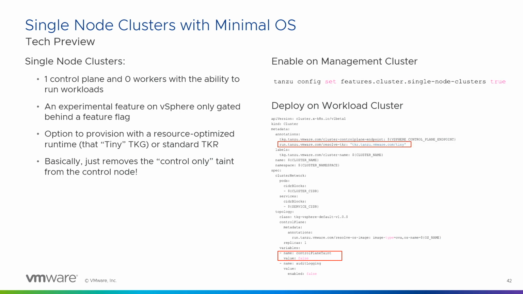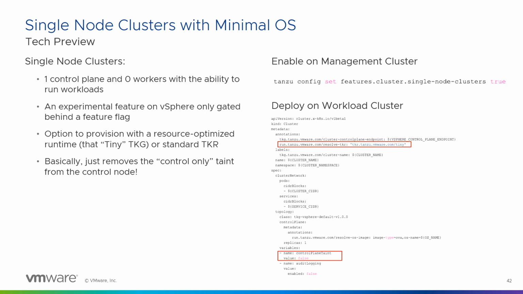Okay, so getting past that, now we're getting into some of the improvements since last year that a lot of our customers have been driving for our standard ECS stack with Kubernetes. As a result of customer requests and requirements, we now support this concept of a single node cluster. All that really means is, if you're familiar with Kubernetes, you have control plane nodes and worker nodes in a cluster.